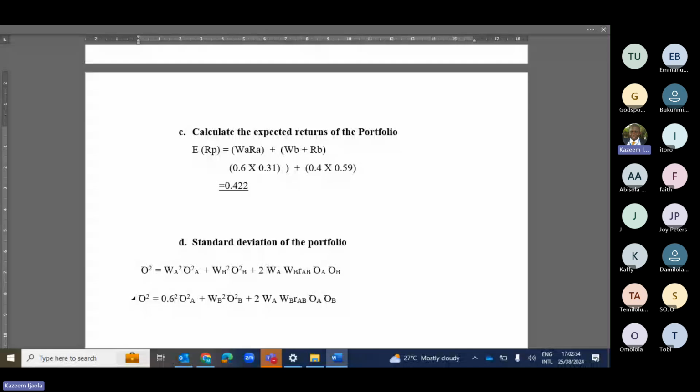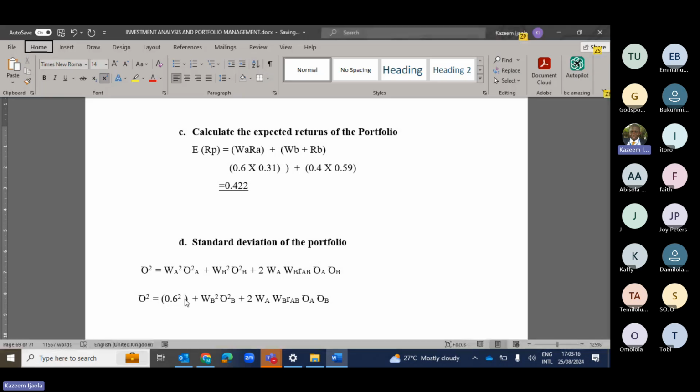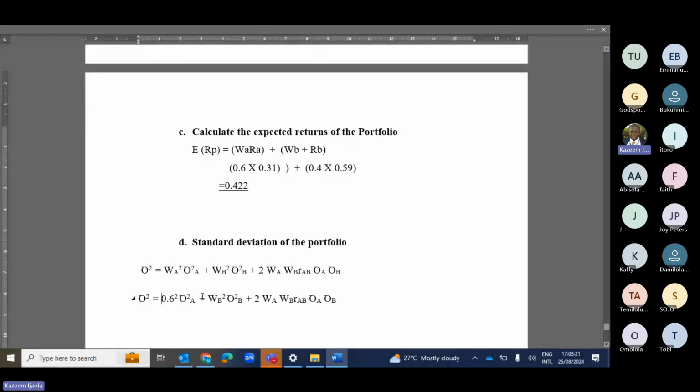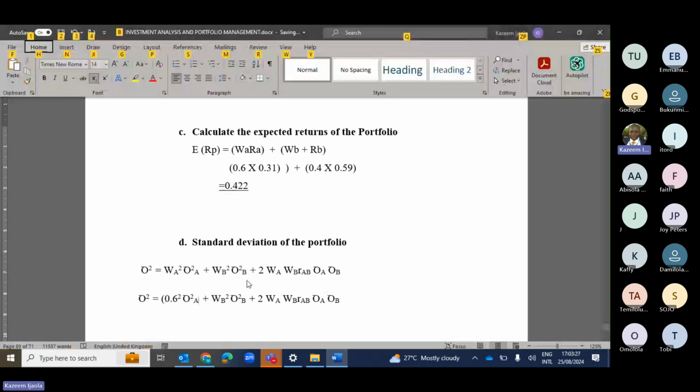When it has square like this, that's your direct variance, and we already have our direct variance. If you remember, I asked Prof yesterday, Prof clarified that when it is squared, it is variance, but when it is without square, it's deviation. So what we're actually calculating is variance. When we have this variance, we will then calculate our deviation.